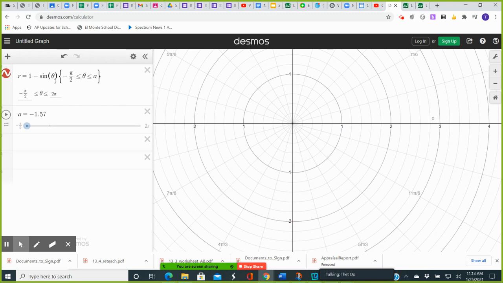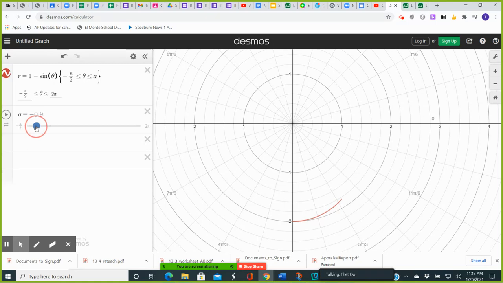But you could also start at theta is equal to negative pi over 2. Sine of negative pi over 2 is negative 1. 1 minus negative 1 is 2. So you would actually start here, and the polar coordinates of this point would be r theta, where r would be 2 and theta would be negative pi over 2.